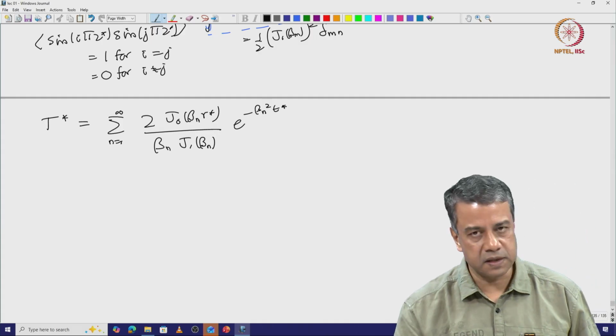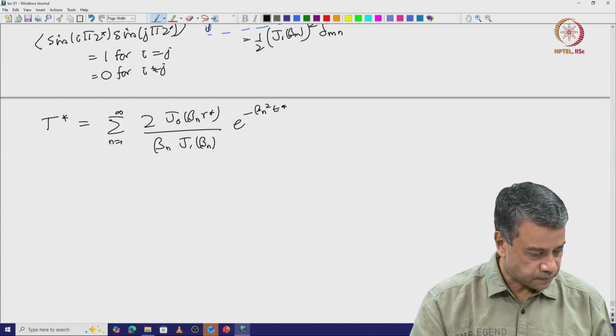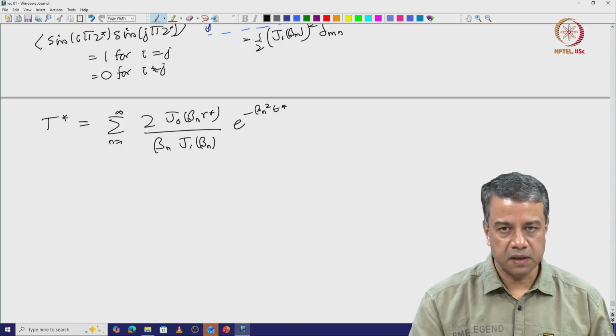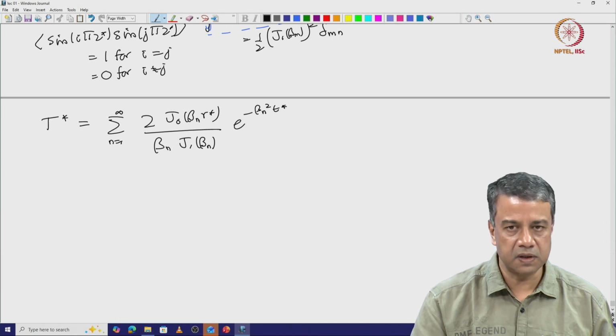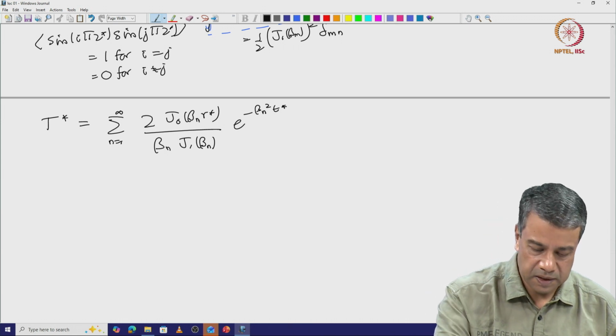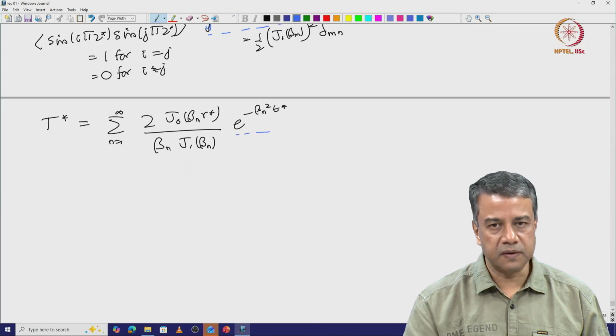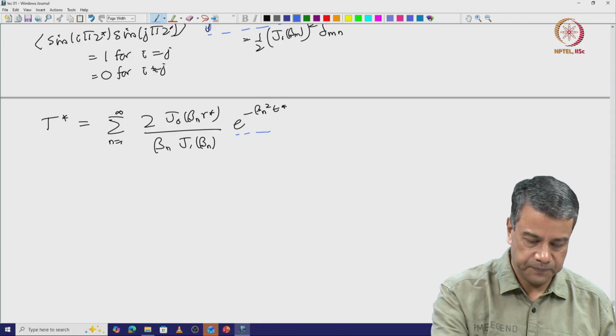So, there is an infinite series of such terms. As t becomes large, you can restrict the series to a smaller number of terms because these are all exponentially decreasing functions. Whereas, when t is small you have to retain all of the terms.